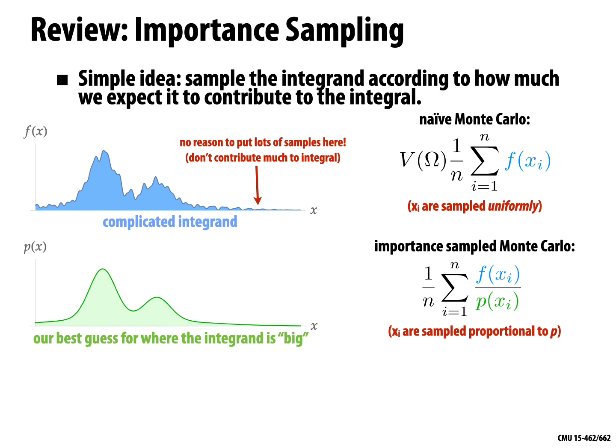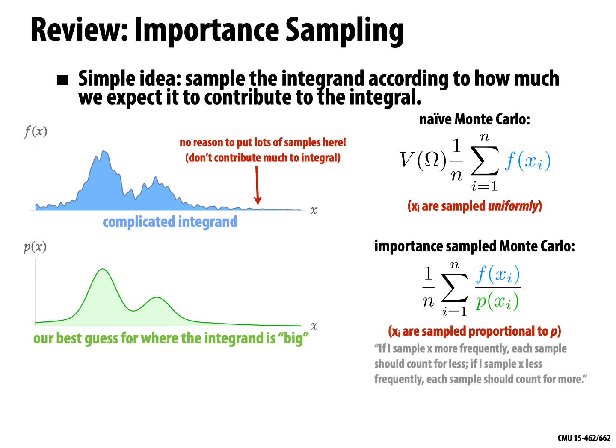We pick random samples from the distribution p. We still evaluate the integrand f at those random samples, but now we divide by the probability density at each sample point. We say if this region was sampled more often, we're going to weight it less. If this region was sampled less often, we're going to weight it more so that everything balances out.